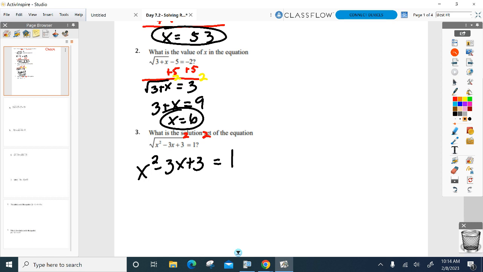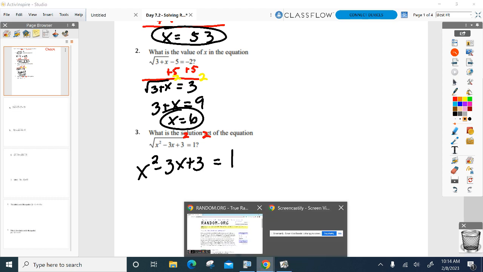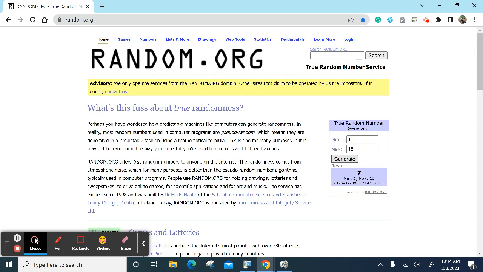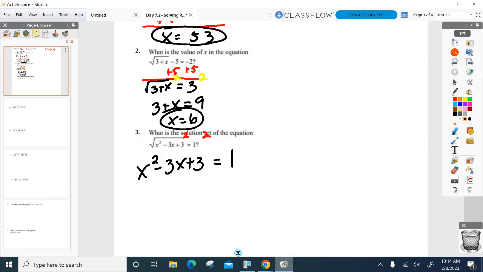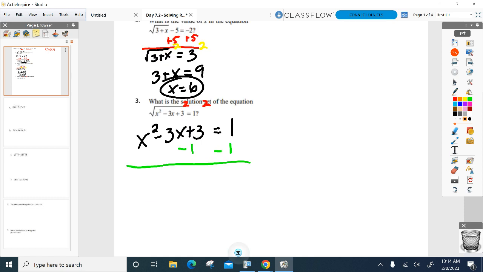We have Regents Review in the last 2 days; we've seen all this right here. What's the next step? We've done so many of these. Yes, get the 1 over. Make it equal to 0 so you can factor. X squared minus 3x plus 2 equals 0.